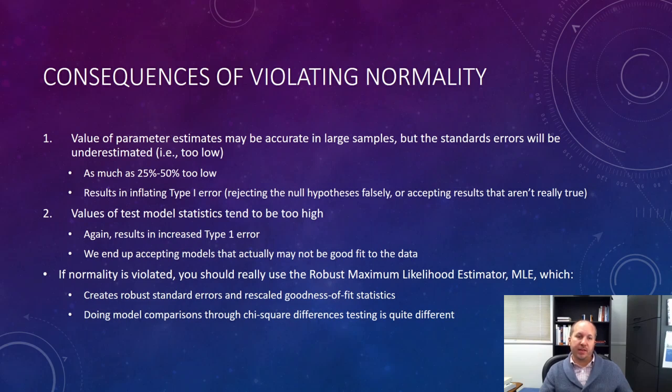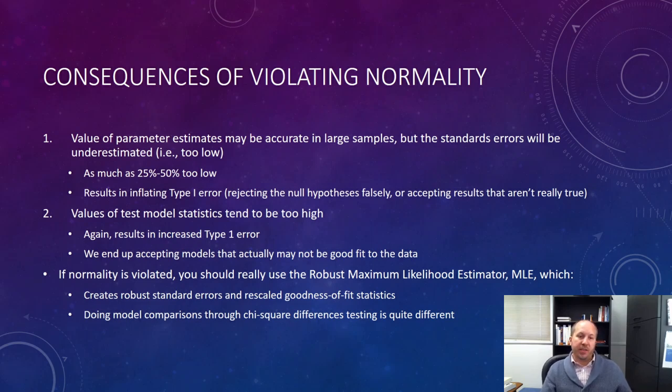As the residuals are underestimated, the likelihood that you're going to accept that model is much higher. So you're going to be rejecting the null hypothesis falsely. You're going to be saying this model is correct, when in fact the error in the model has been vastly underestimated, leading it to look much better than it actually is.